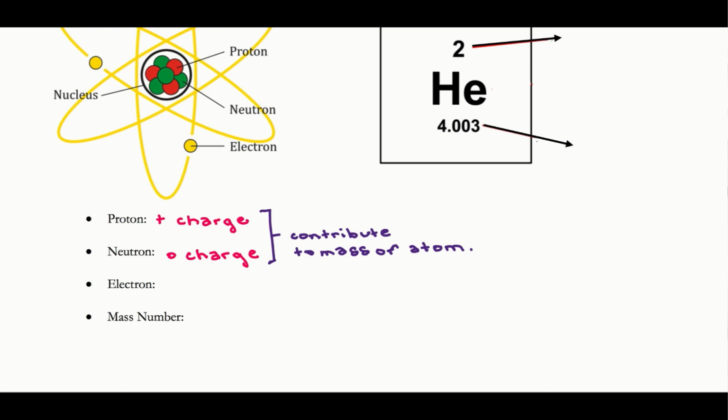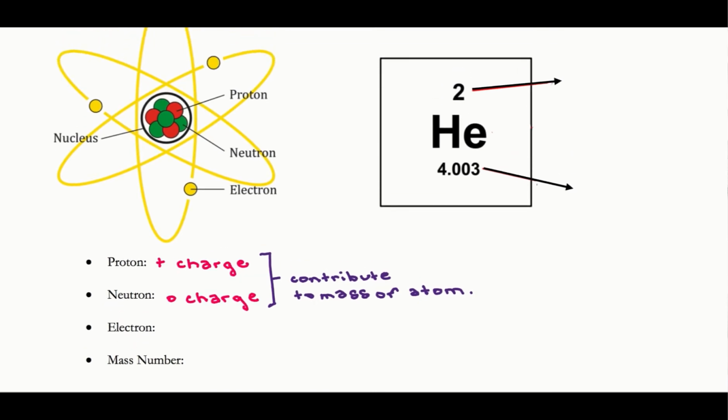Now, what you see here, this concept of electrons orbiting around the nucleus, that is Bohr's model, where he thought electrons had specific energies and they rotated or orbited around the nucleus at these specific energy levels. While electrons do have specific energies, they do not actually orbit around the nucleus.